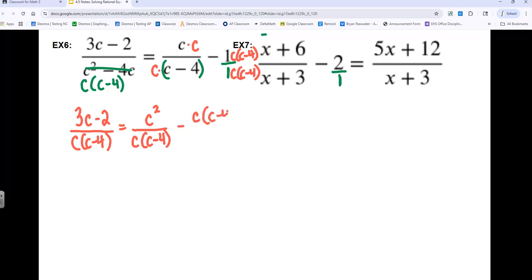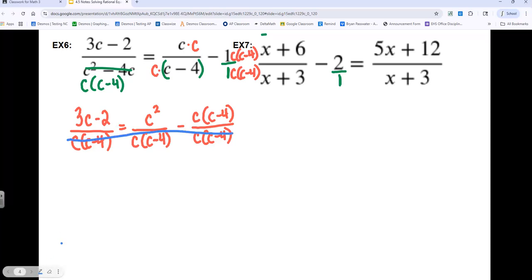C times c minus 4 over c times c minus 4. That minus sign's the reason I'm holding off on that, because it's really easy to miss that. Okay, so now all of my denominators are the same. So when all my denominators are the same, Jose, what can I do with them? Cross them out. We can cancel them out here.